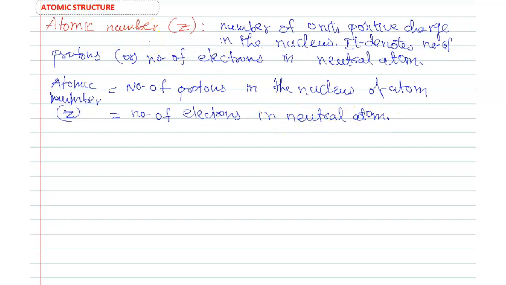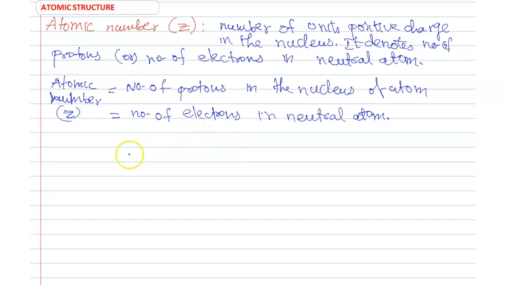Normally, if you take one atom, inside there is a nucleus. In the nucleus, protons and neutrons are there. The neutron is neutral, hence the positive charge belongs to protons. So just remember, the atomic number symbol is Z, and it is equal to the number of protons in the nucleus or the number of electrons in the neutral atom.